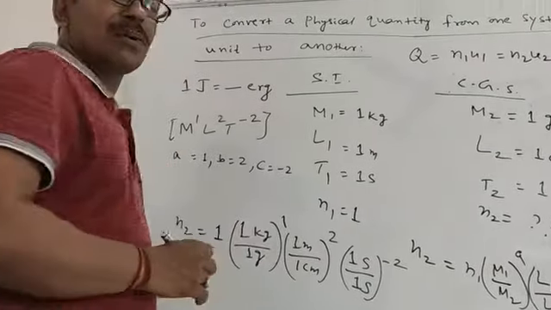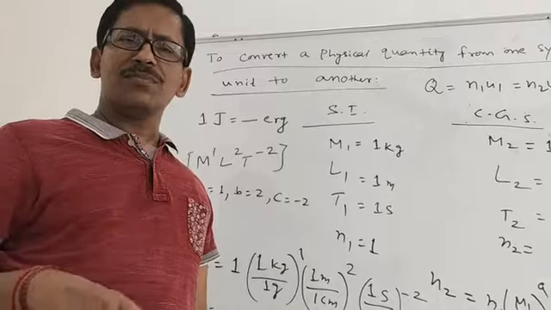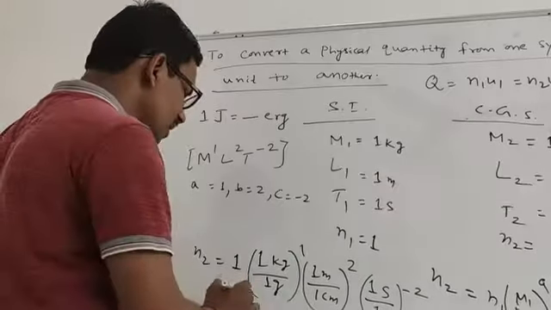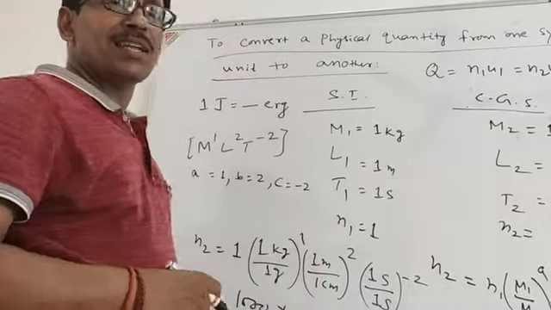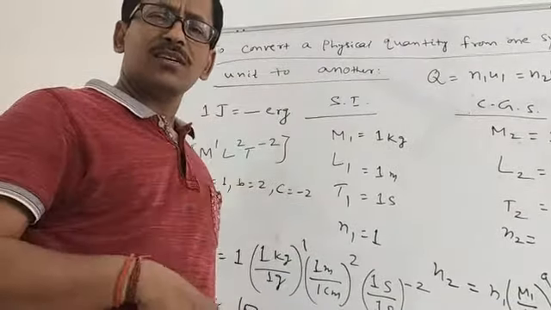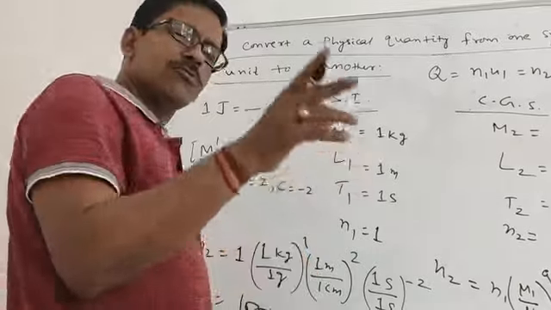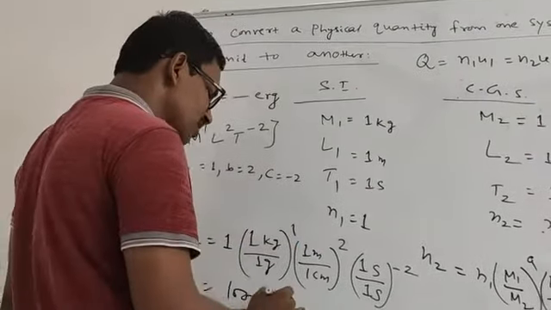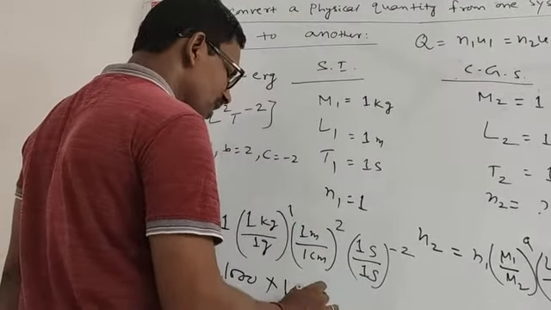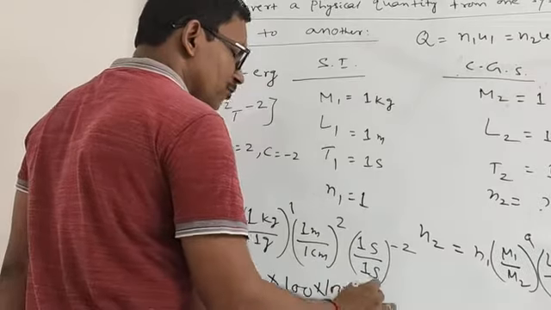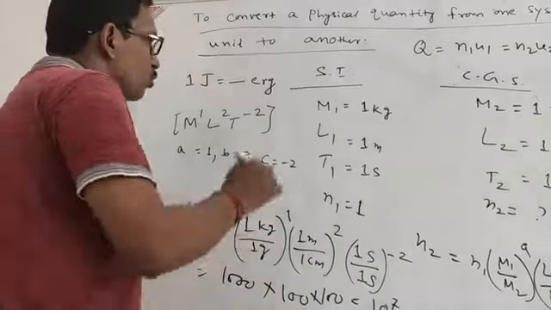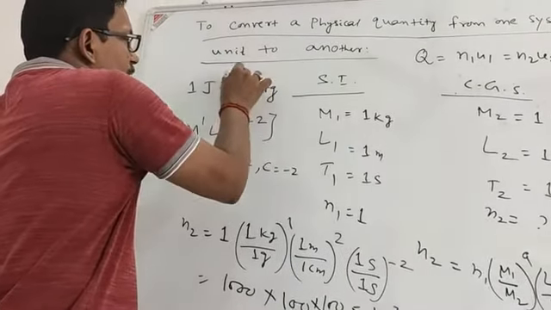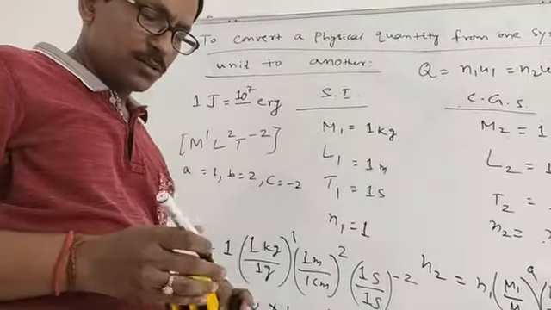Now 1 kg by 1 gram. 1 kg is how many gram? 1000 gram. So it is 1000 into 1 meter by 1 centimeter. 1 meter is 100 centimeter. So centimeter cancels out, so 100 squared. 100 squared is 100 into 100. So finally, what will we get? 10 to the power 7. So your answer is 1 joule is equal to 10 to the power 7 erg.